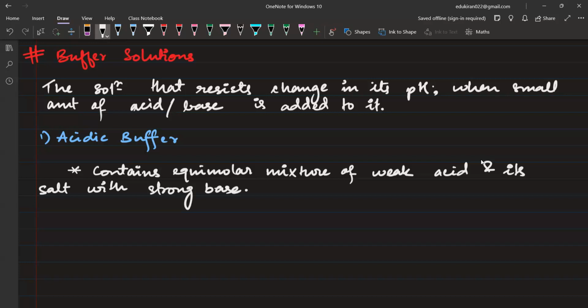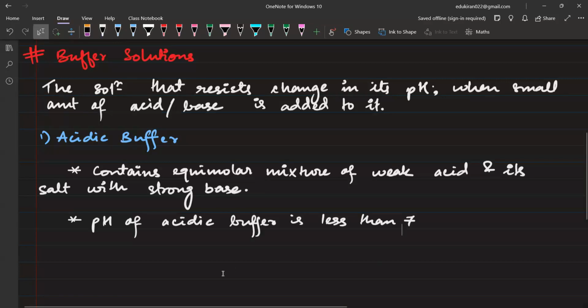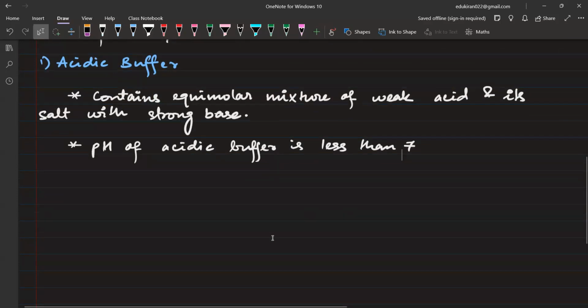The pH of an acidic buffer is obviously less than 7. Now, one example that we have to go into detail is the buffer of acetic acid and sodium acetate.